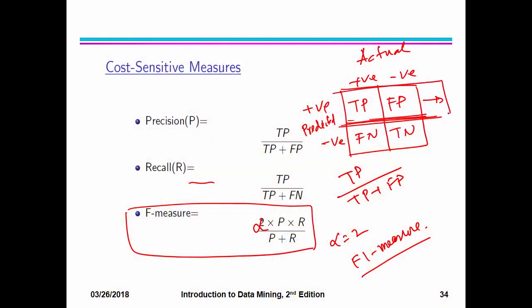I am not saying out of the 12 actual class, I am saying the total objects identified as positive class by the classifier. Out of that, how many are really positive class? Really means actually the positive class. That is precision.